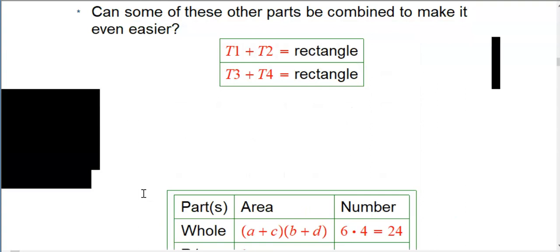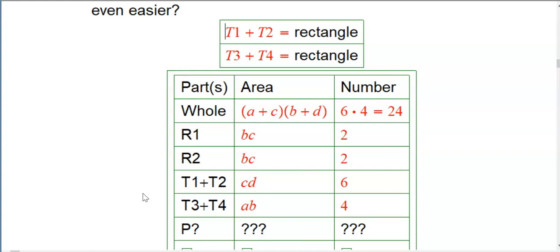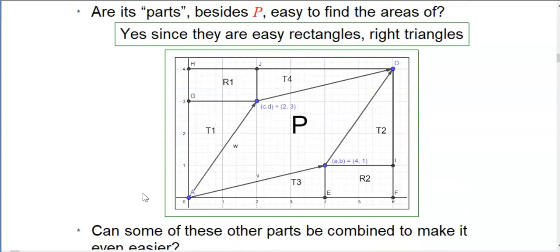Okay, so let's look at it. I'll do the formulas and the numerical values for this particular situation. The whole, this is the one place we use the fact that going from the bottom left corner, labeled A here, up to the top right corner, is the sum of the vectors A, B, and C, D. And so the x-coordinate of D is going to be A plus C. The y-coordinate of this point D is going to be B plus D, little b plus little d.